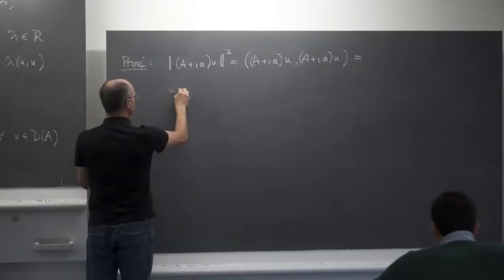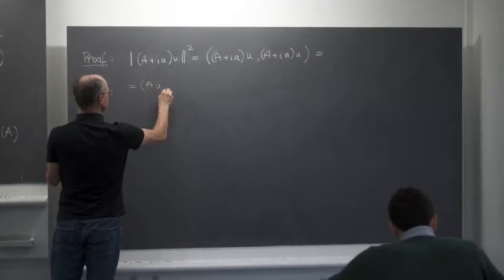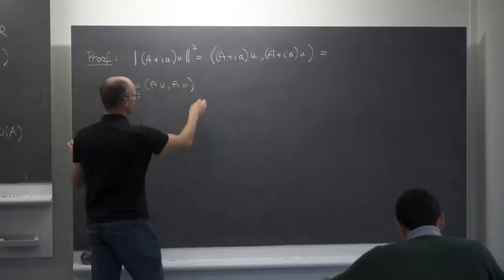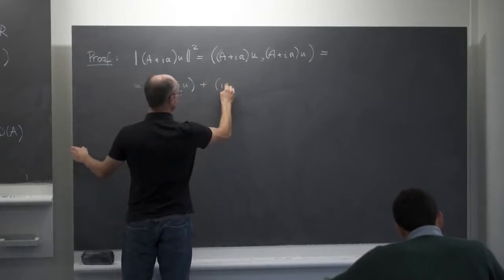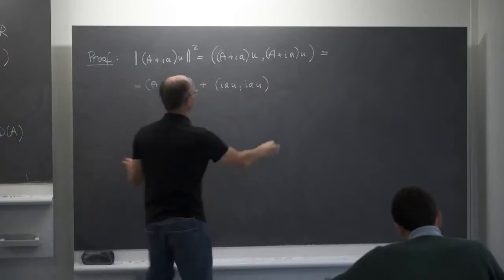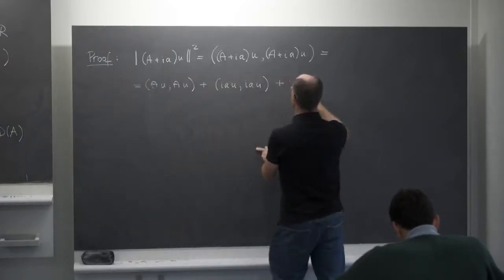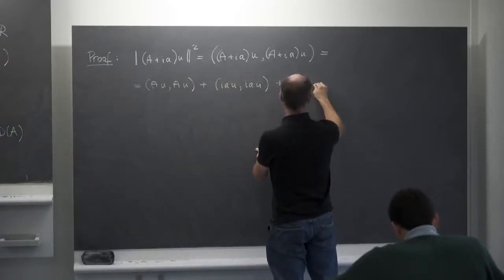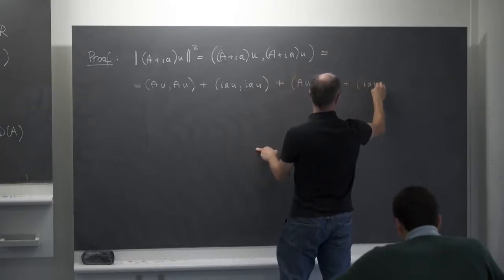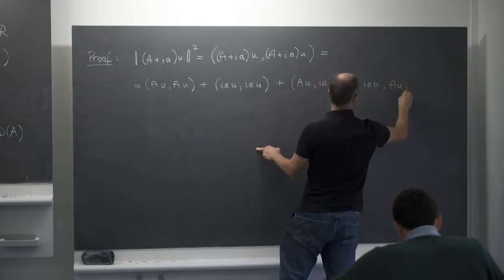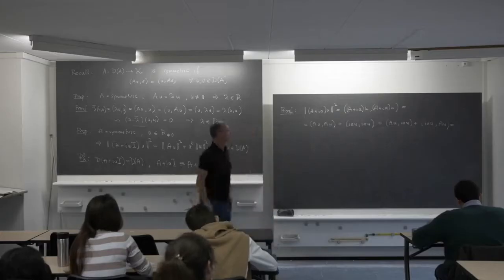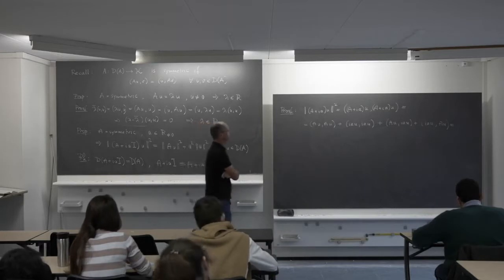Well, now we can simply write all the 4 terms which come out of it. Au, iau, right? So just opening the brackets, there are 4 terms.